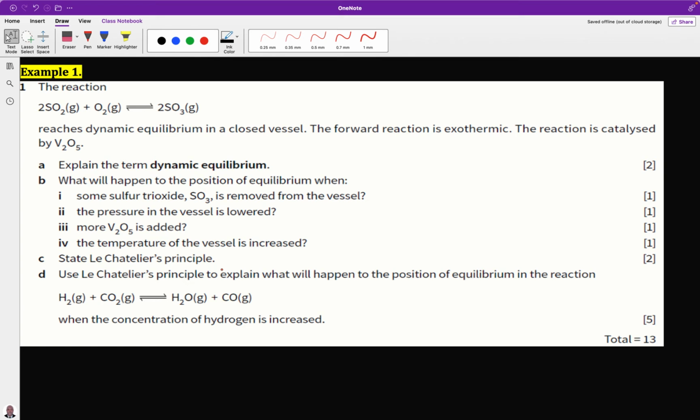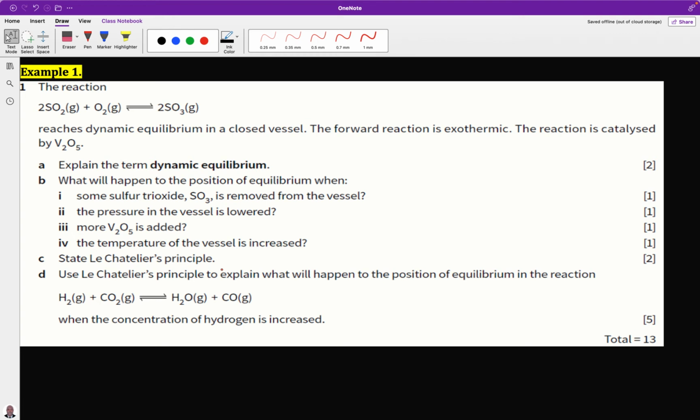Or you can say it is a situation where reactants are being converted to products at the same rate as products are converted to reactants.